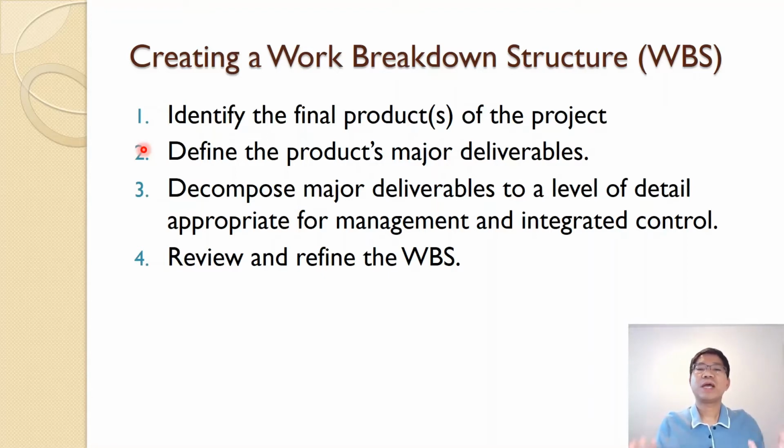And then we can keep reviewing and defining the work breakdown structure. For example, if we have a scope change or the current work breakdown structure is not meeting what we want for the project, then we can refine, review, and update the work breakdown structure.